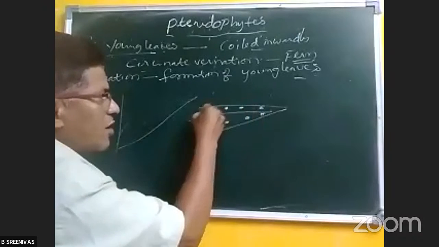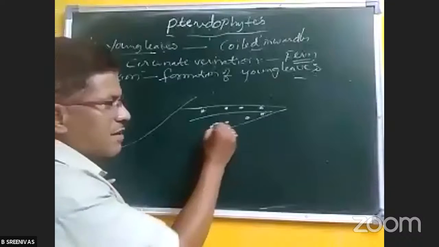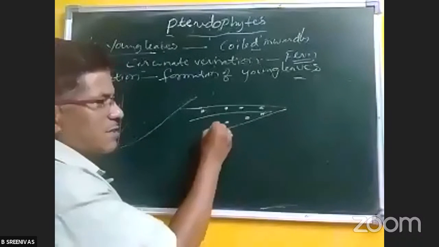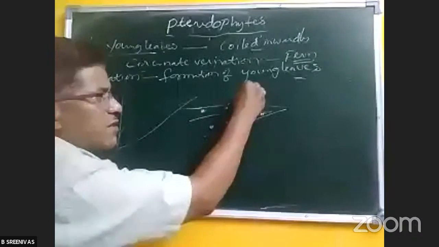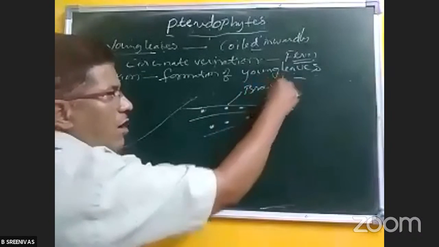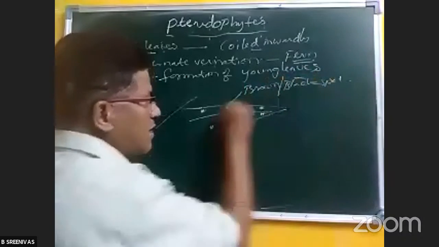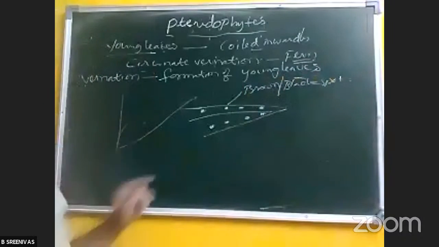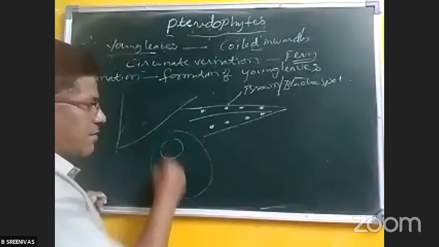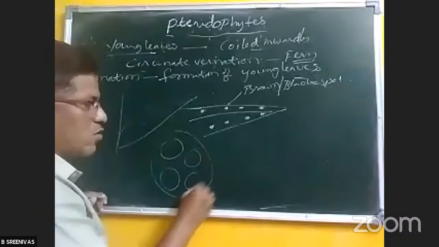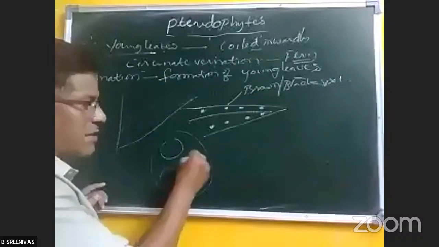So sporangia are present near the leaf margins, like this. Black or brown spots are present. These are called sori. Each sorus is here, and many sori are present. In the sori, what are present?